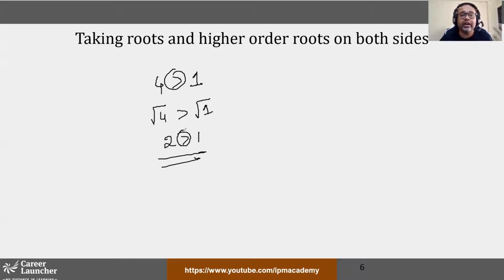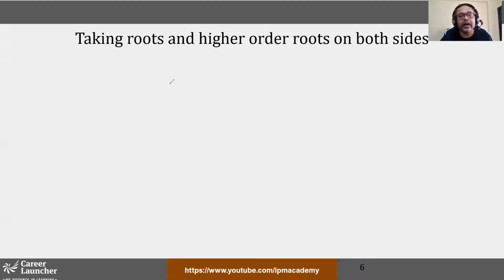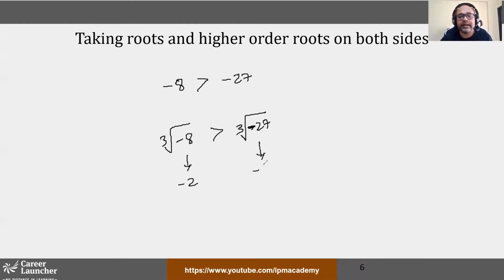What about higher orders then? Higher order roots means, let us say I have -8 greater than -27 and I want to take the power 1/3. If I take the cube root of -8 and the cube root of -27, will I keep the sign the same? Let's see. This gives you -2 and this gives you -3. And you can definitely say that the sign remains the same.